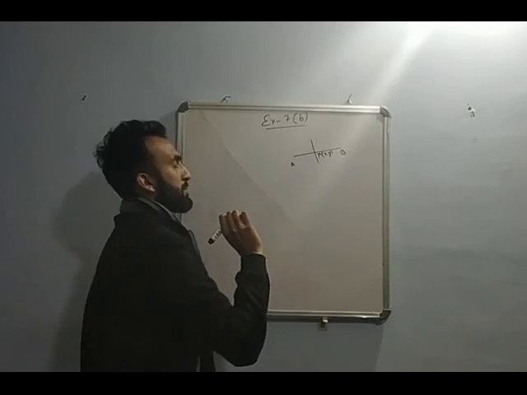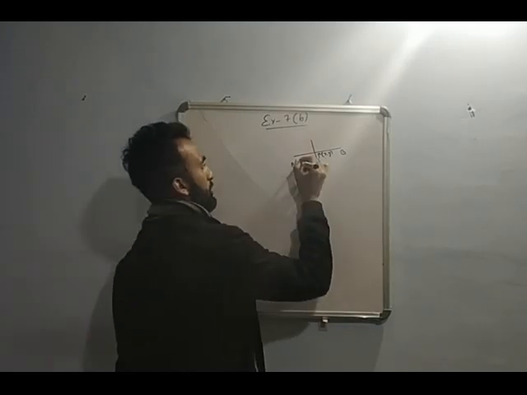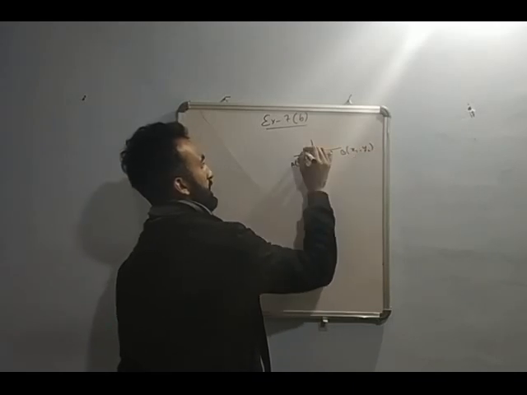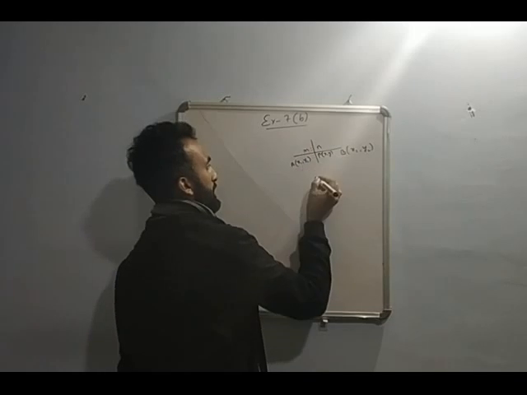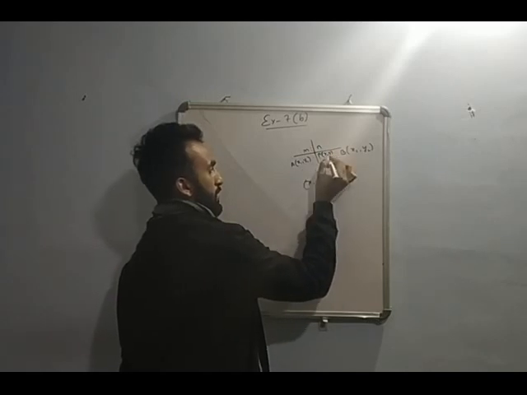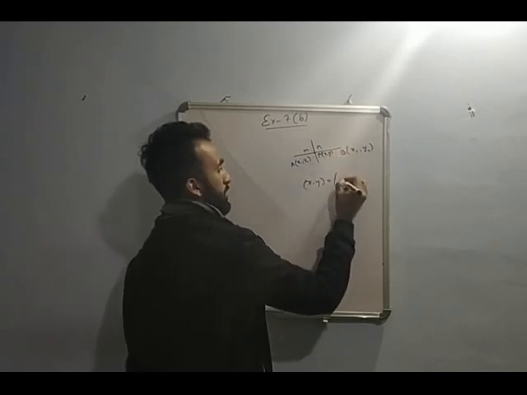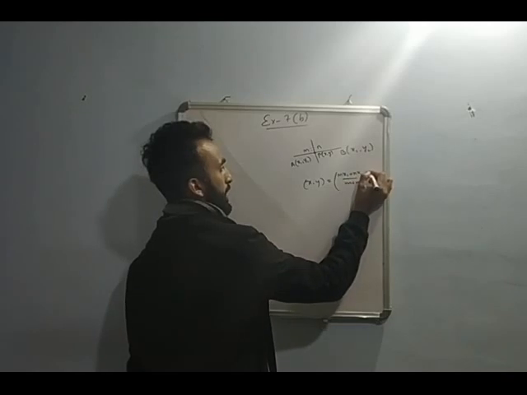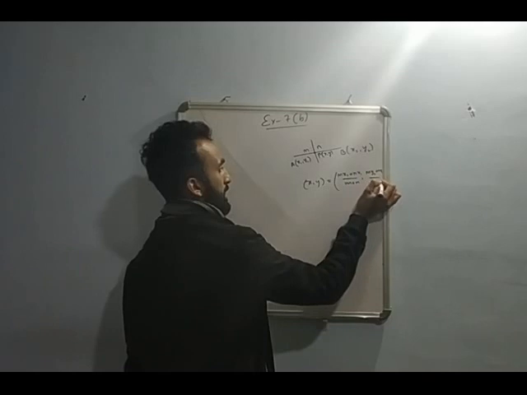Suppose the coordinate of P is x comma y, and this is x1 y1, and this is x2 y2, and it is divided into two ratio m:n. Then by section formula, x comma y means this point coordinates we used to get by section formula is equal to mx2 plus nx1 divided by m plus n comma my2 plus ny1 divided by m plus n.